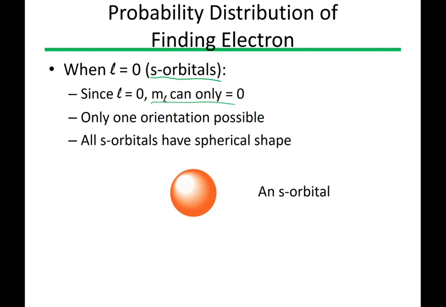Note that the shapes often given for the orbitals are actually the shape that contains the electron 90% of the time. So it doesn't mean there's no chance we'd find the electron outside the sphere, but most of the time it's going to be somewhere inside the spherical shape if it is in the L equals 0, m sub L equals 0 orbital.